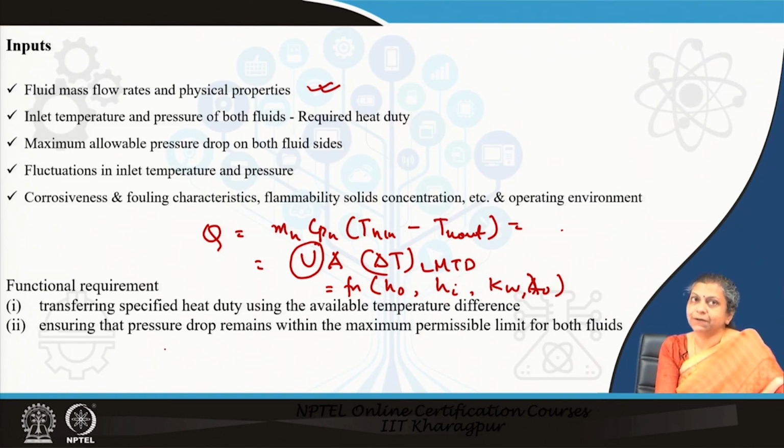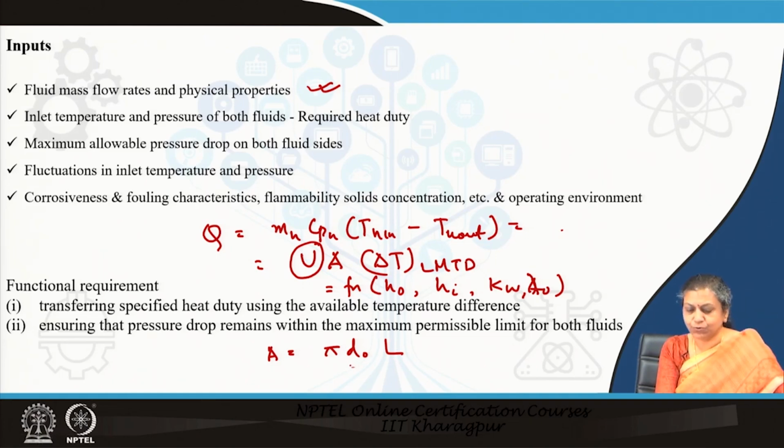There is another very important thing that you need to remember in this case. The first thing is we would like to find out the area of heat transfer. Once we know the area of heat transfer, what do we do? We select some specific dimension of the pipes, the diameter of the pipes, we decide the length, then we decide the total arrangement, everything.